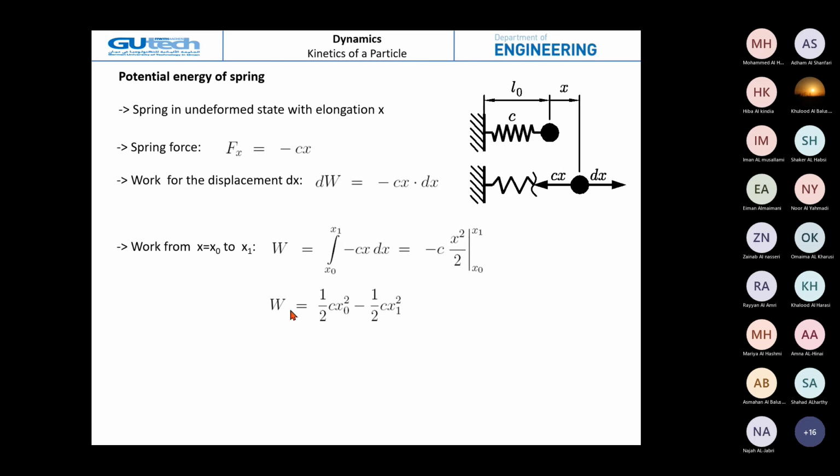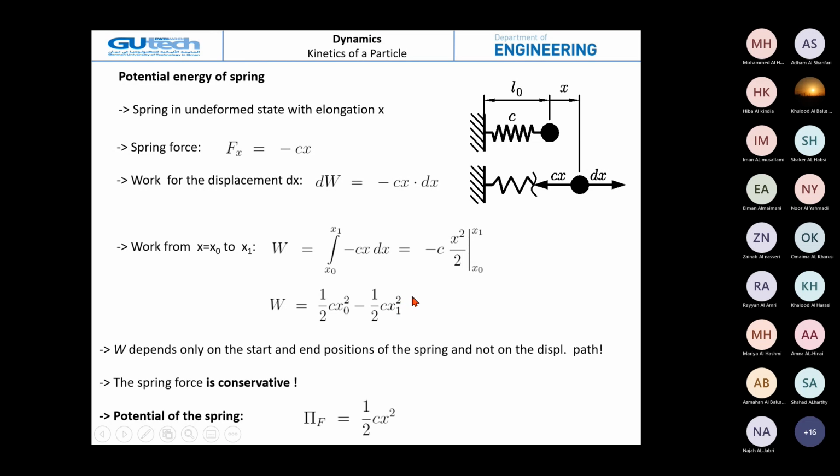Then we have the work: the half of Cx0 square minus the half of Cx1 square. This means W depends only on the start and end position of the spring and not on the displacement path.